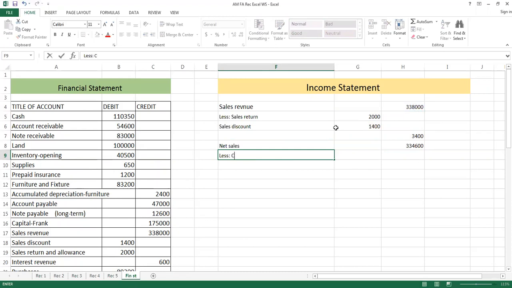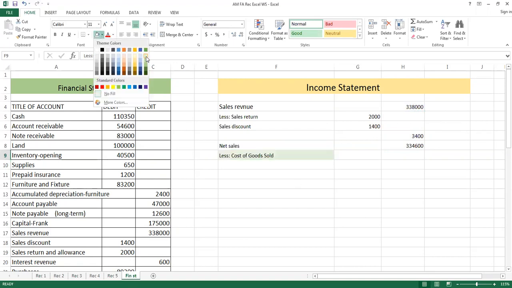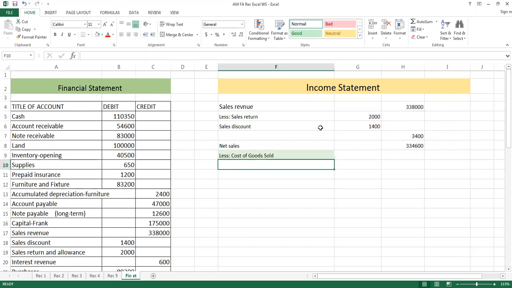Now second, you need to calculate cost of goods sold. To work on cost of goods sold, we need various information. The first thing that we will check from the question is opening stock. You also call it merchandise inventory opening.